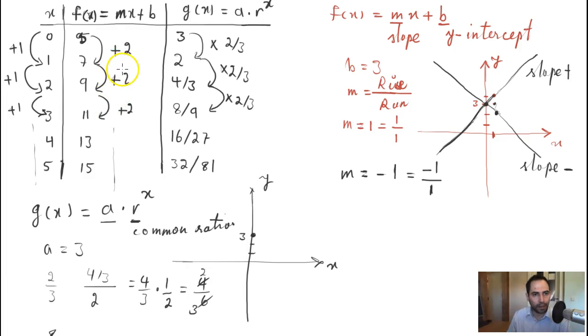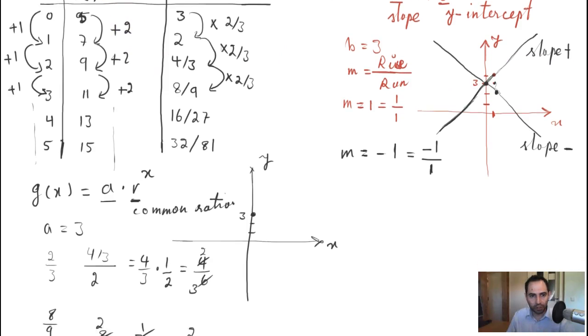So that basically means that for every unit of change in your input, your output is changing 2 units. And that basically gives you the slope of this function.